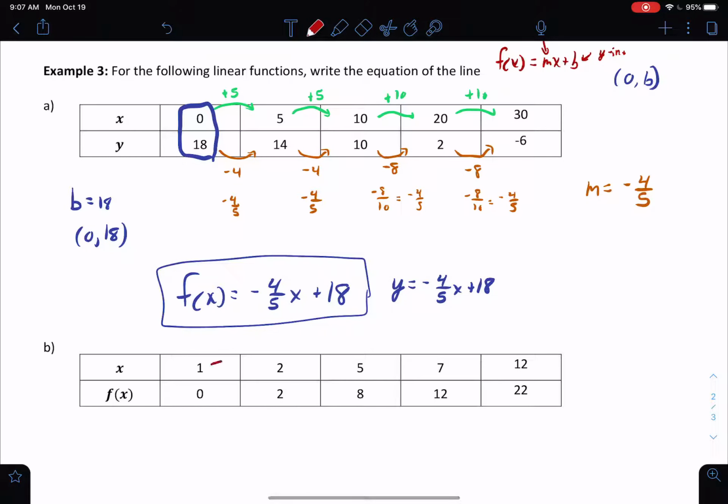In b, our x values go up by 1, up by 3, up by 2, up by 5. Okay, and my y values go up by 2, up by 6, up by 4, up by 10.